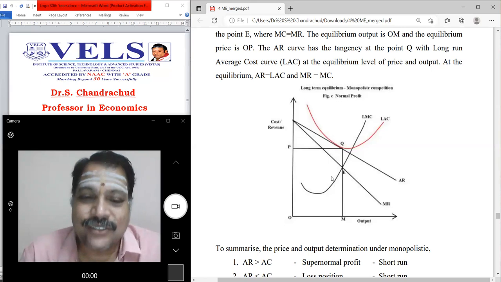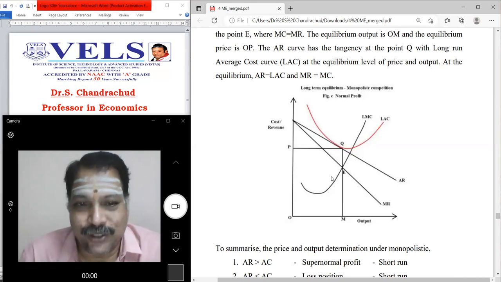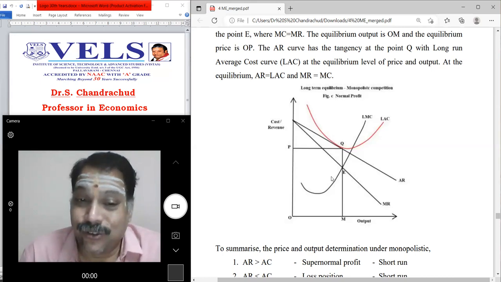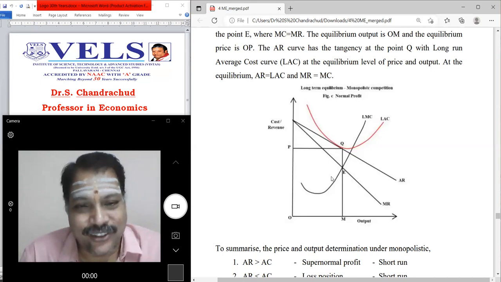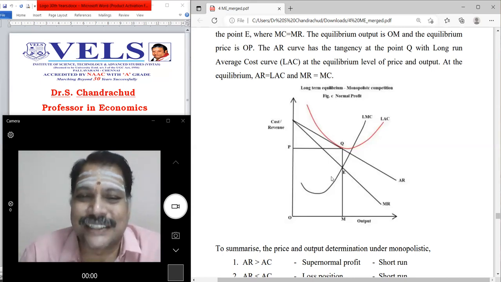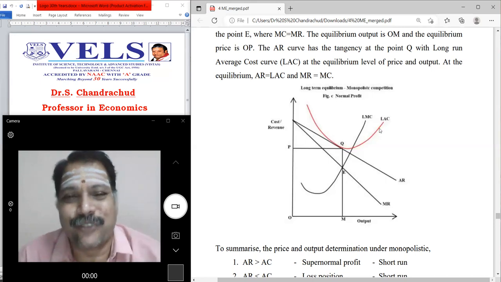Why? Because at the level of OM output, the equilibrium is achieved at the price level OP. So there is no supernormal profit or loss. So the firm is earning a normal profit.